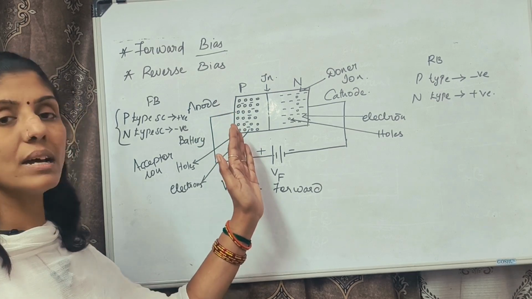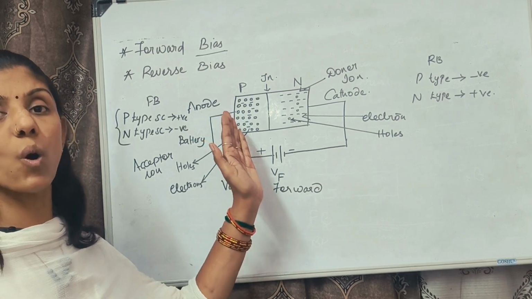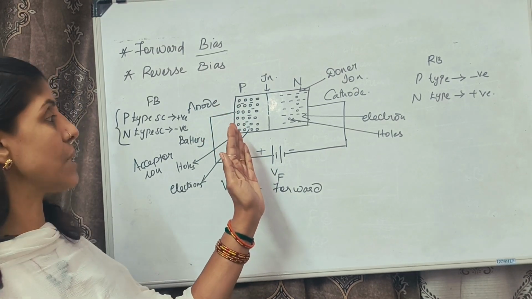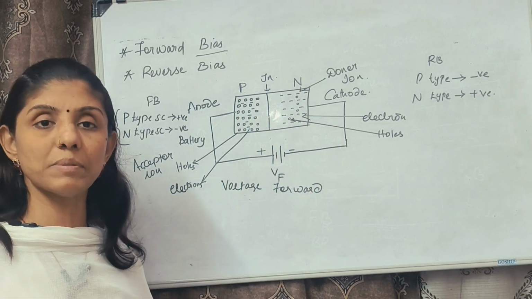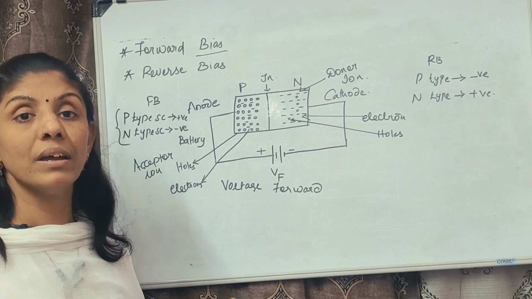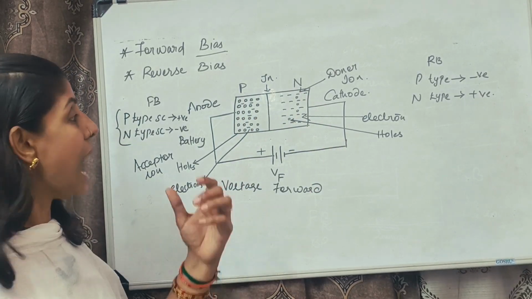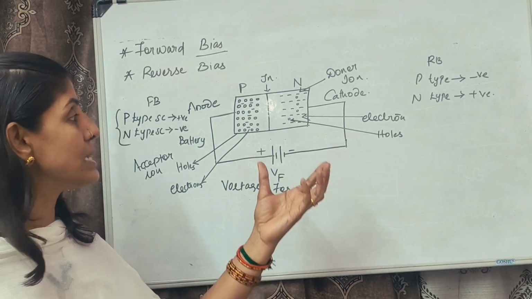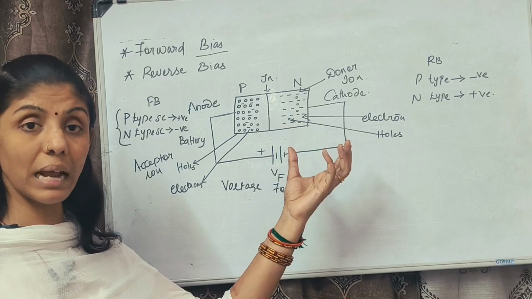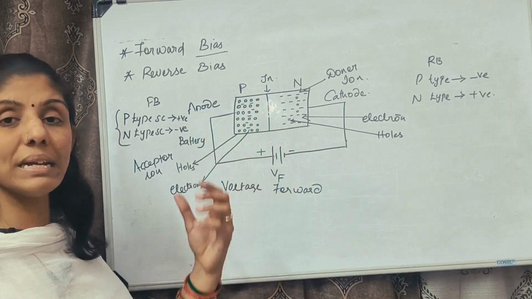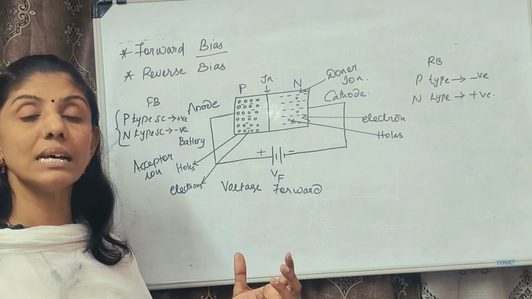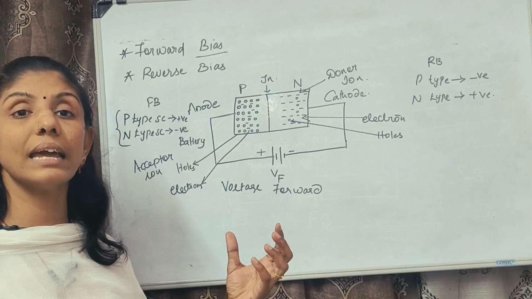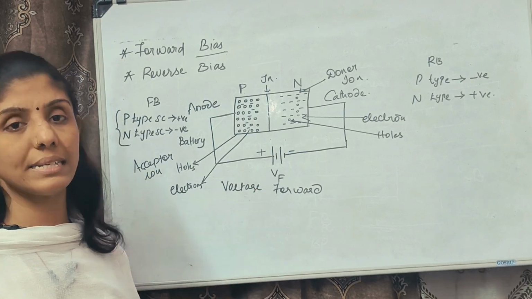To make that an equilibrium condition, what will happen? The holes try to move from their own region, from the p-type semiconductor to the n-type semiconductor, where the number of holes is less. At the same time, the electrons will move from the n-type semiconductor to the p-type semiconductor because the number of electrons in the p-type semiconductor is less.